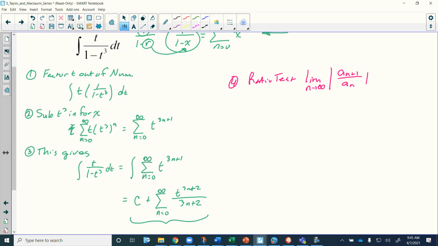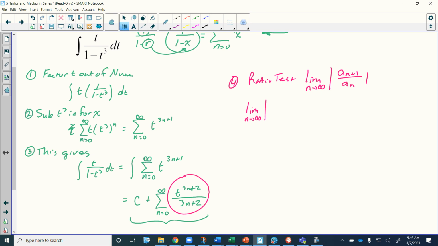So in this case, I'm going to look at the limit as n approaches infinity of the absolute value. In this case, we're going to look at this guy here. This is what we're looking at to do our ratio test.